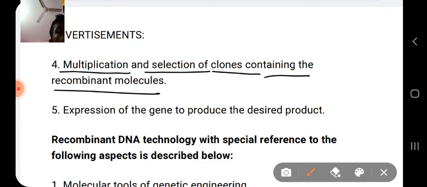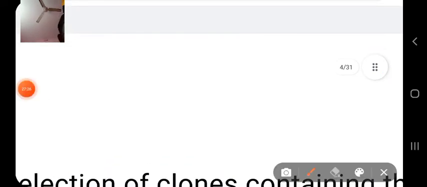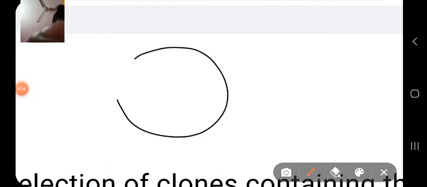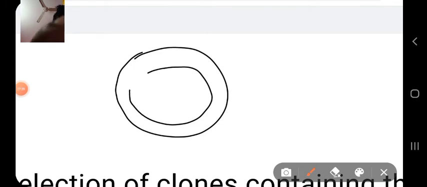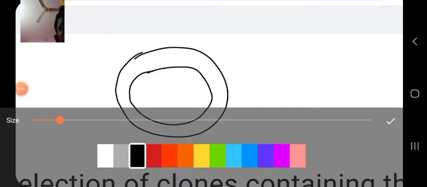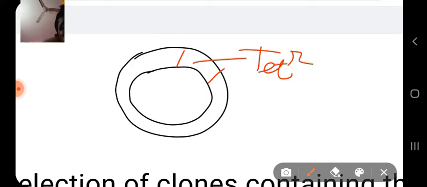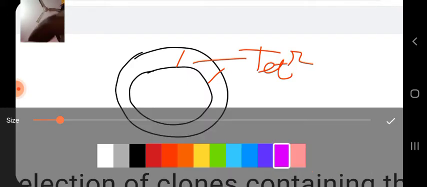For example, PBR322 consists of two antibiotic resistant genes: one is the tetracycline resistant gene, and another is the ampicillin resistant gene.